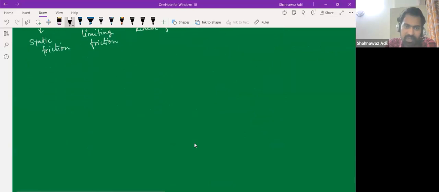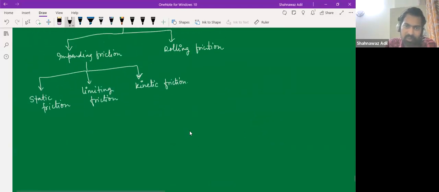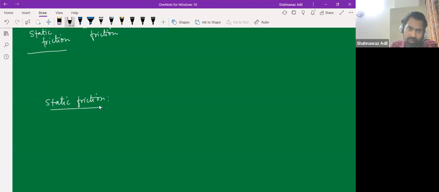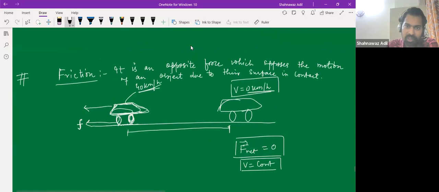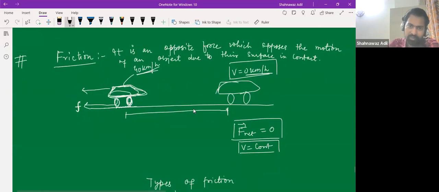Okay, so let us do some. The first one is the static friction. Please note down this part, the types of friction.